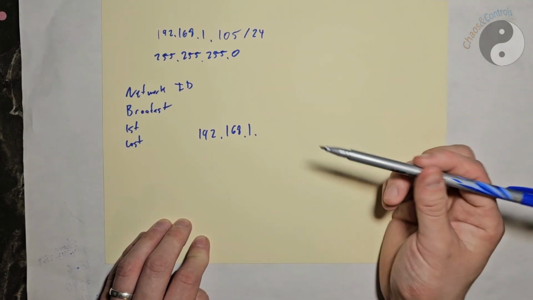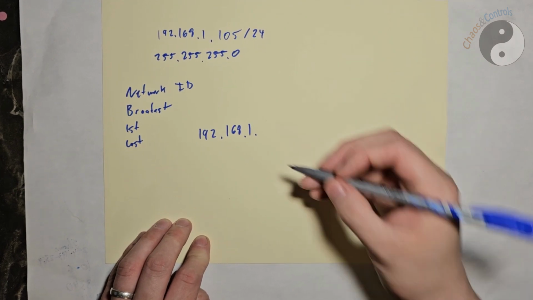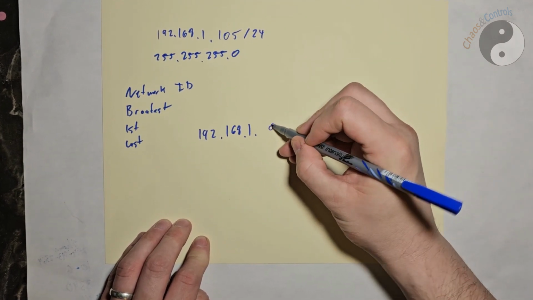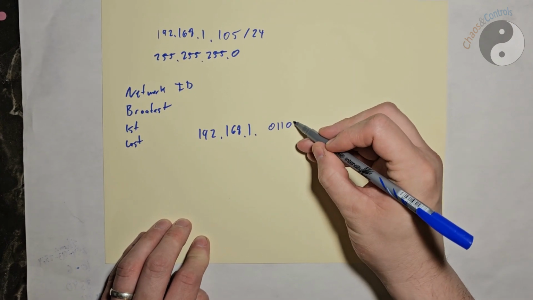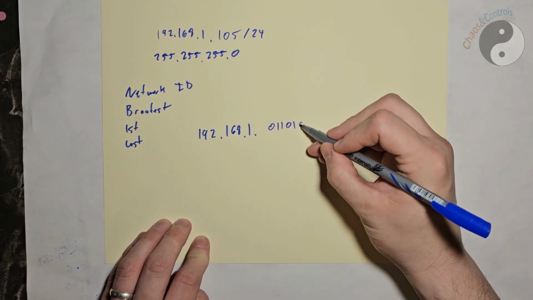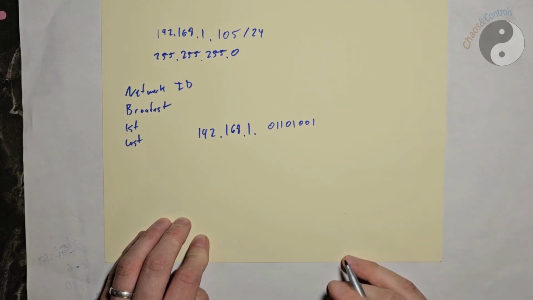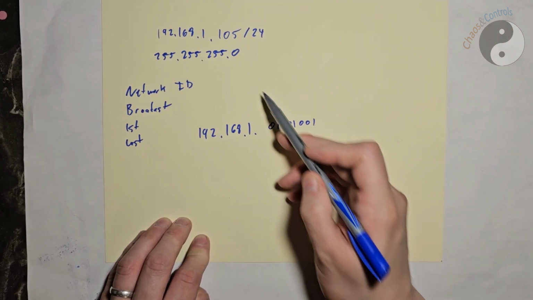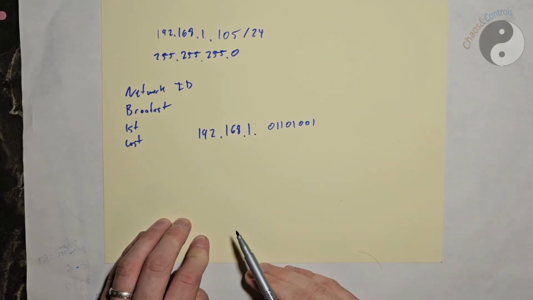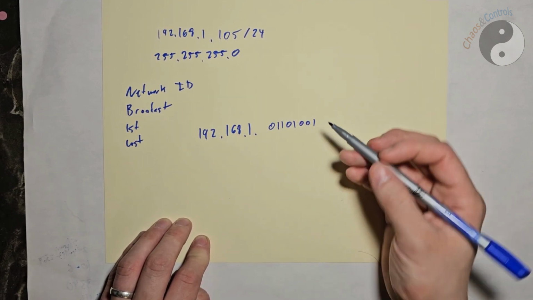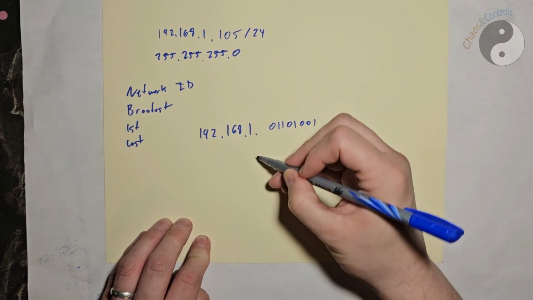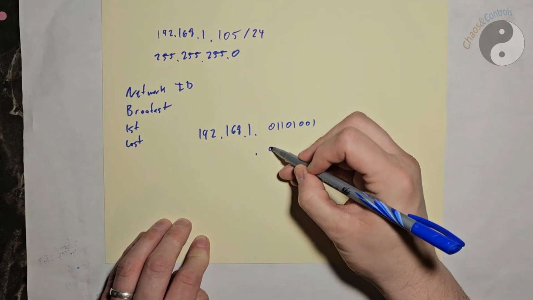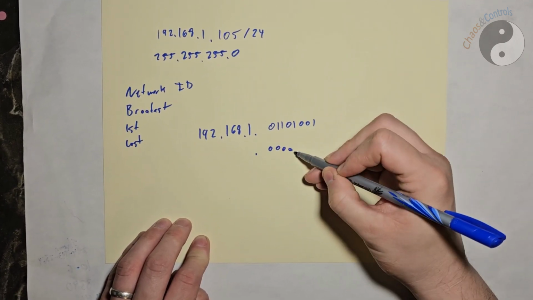105 in binary happens to be 0, 1, 1, 0, 1, 0, 0, 1. And because the subnet has a bunch of ones, here the subnet looks like 0, 0, 0, 0, 0, 0, 0, 0.